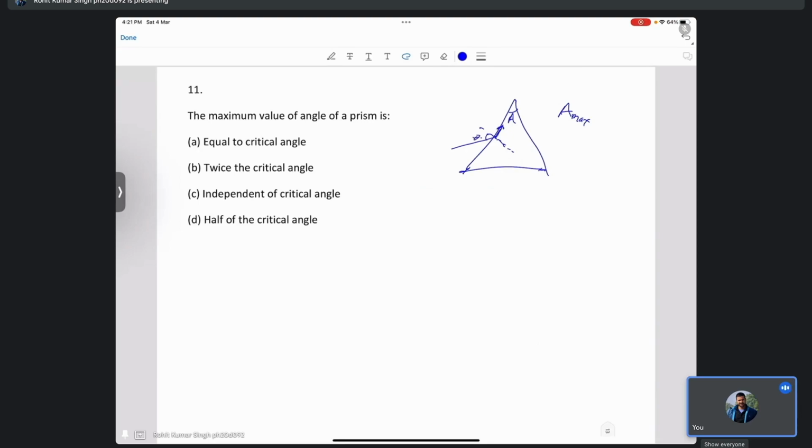That's what we call theta c. And then twice the critical angle, independent of critical angle, half the critical angle. So what do you think?